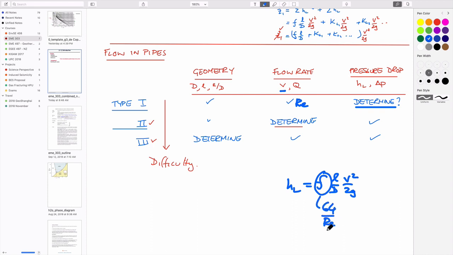Because Reynolds number is a function of velocity, it knocks out one of these velocities here, and so it gives you head loss as a function of velocity. If you did it assuming turbulent flow, I guess you'd end up just having to square root it, so this is easier. And then once you've calculated what the velocity is for your first estimate, then you have to go back and check with the Reynolds number to make sure that it's the right magnitude.